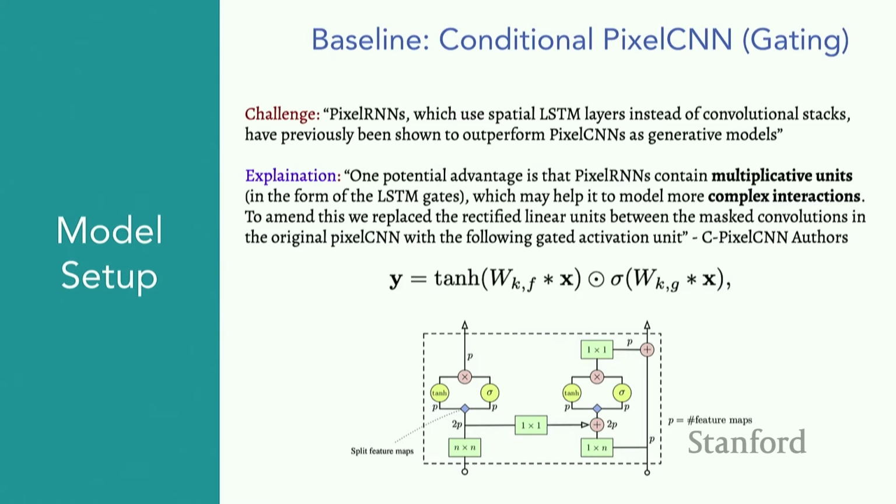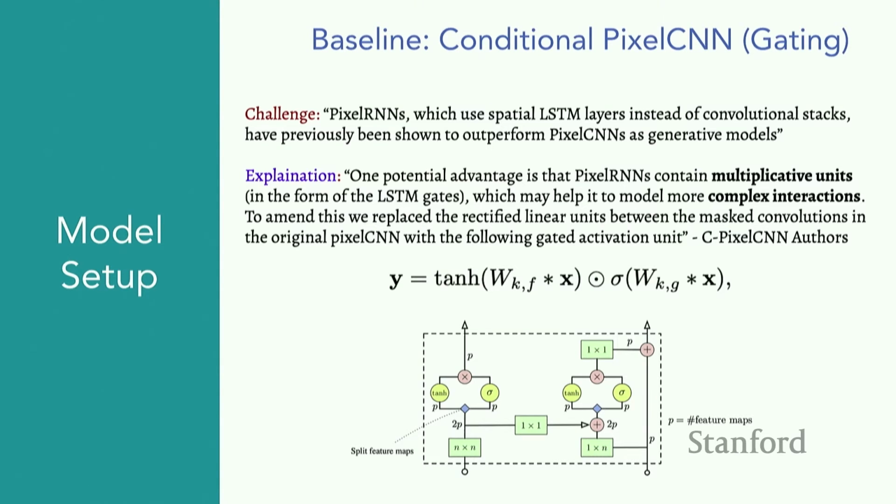In order to solve this problem, the baseline model that the authors talk about is called conditional PixelCNN. Before going into conditional, what do you mean by gated? The architecture that they use is called the gated PixelCNN instead of the normal PixelCNN.